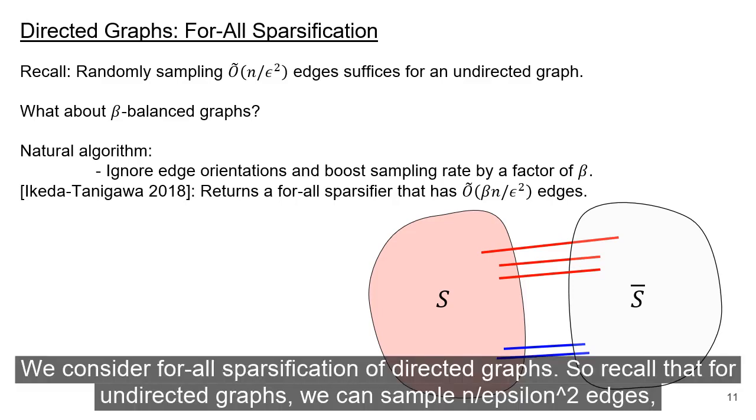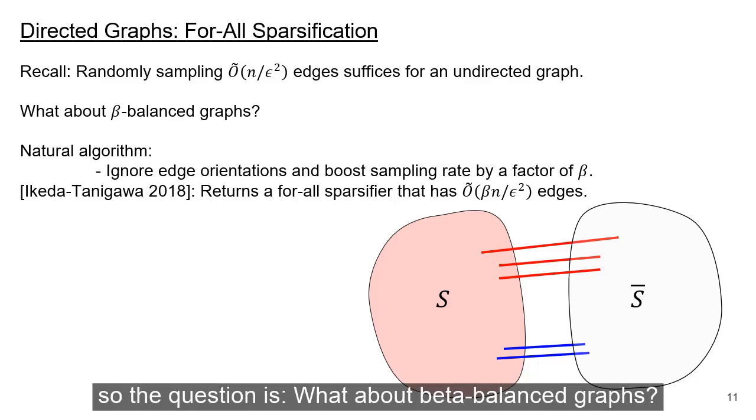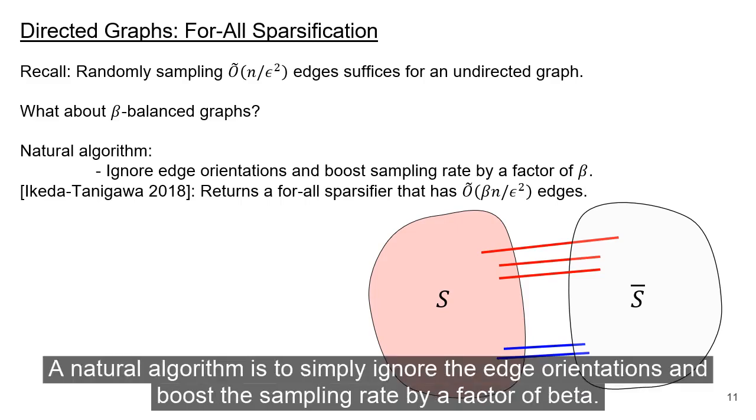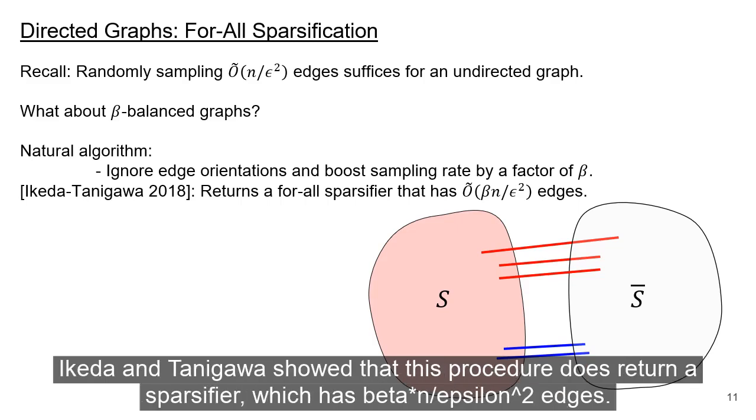We considered for-all sparsification of directed graphs. Recall that for undirected graphs, we can sample n over epsilon squared edges. And so the question is, what about beta balanced graphs? A natural algorithm is to simply ignore the edge orientations and then boost the sampling rate by a factor of beta. Ikeda and Tanigawa showed that this procedure does return a for-all sparsifier, which has beta n over epsilon squared edges.